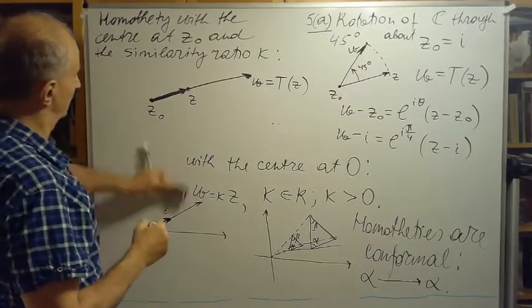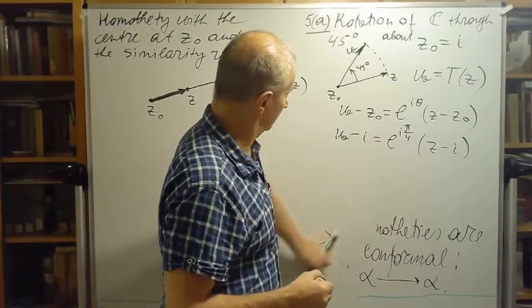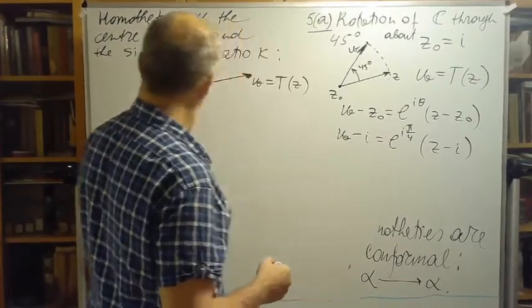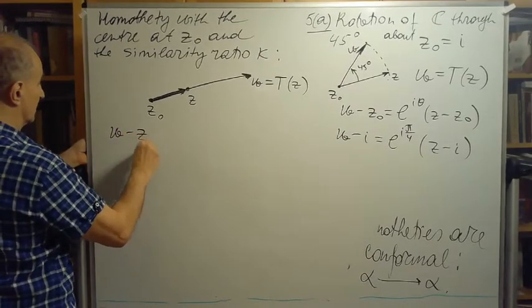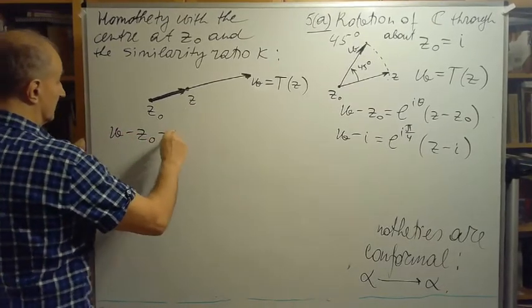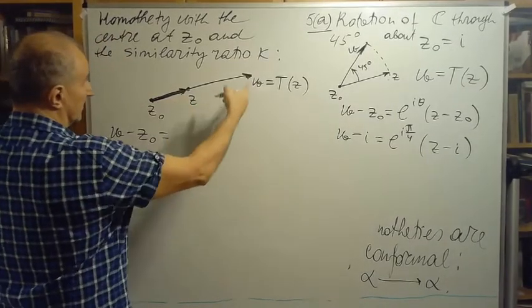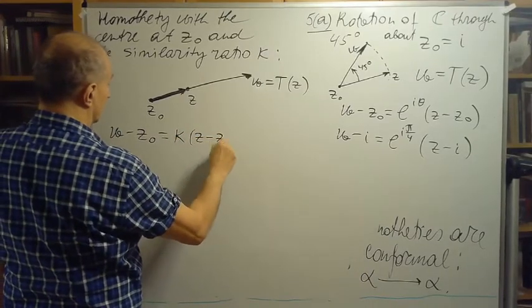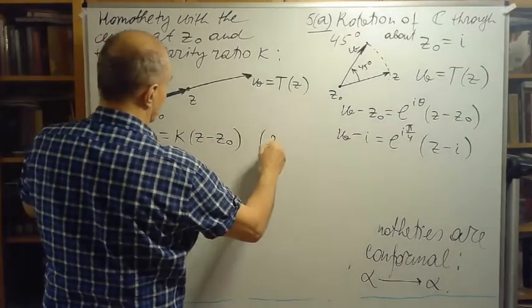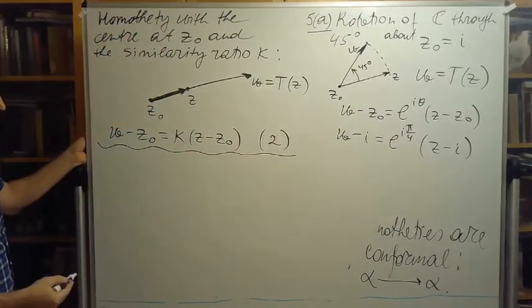So how can we write it analytically? Analytically we will say that w minus z0 is the vector z minus z0 multiplied by similarity ratio k: w minus z0 equals k times (z minus z0). That's formula number 2, and you don't need anything but this formula.